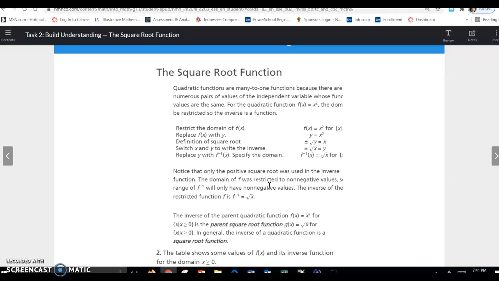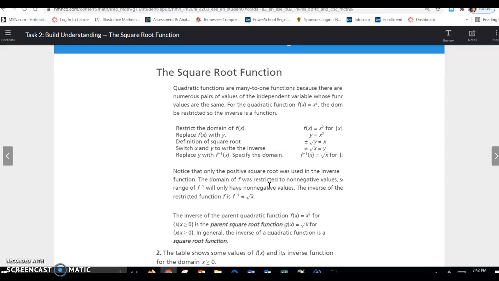So the inverse of the parent function f of x equals x squared for all x such that x is greater than or equal to 0 is the parent square root function g of x equals the square root of x for all x such that x is greater than or equal to 0. In general, the inverse of the quadratic function is the square root function.